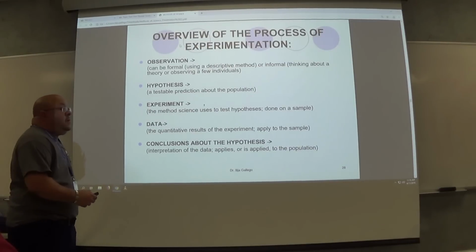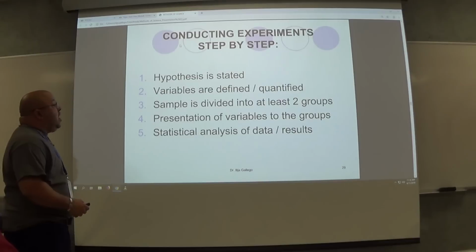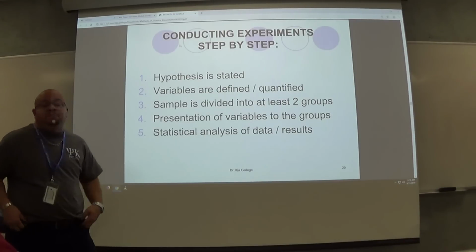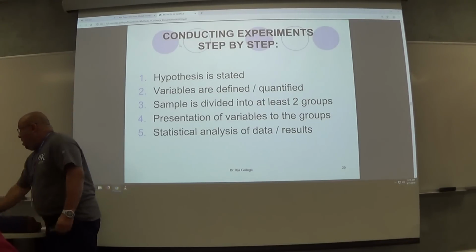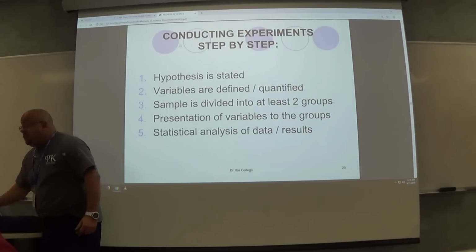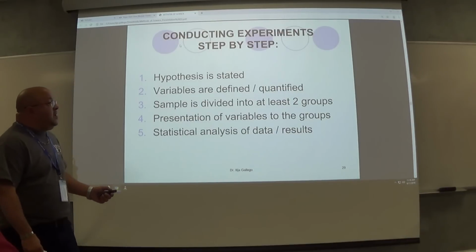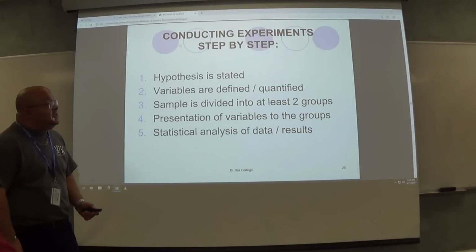Okay, so next we're going to talk about the steps in conducting an experiment. So there are 5 steps, and the first step is to state what is the hypothesis.